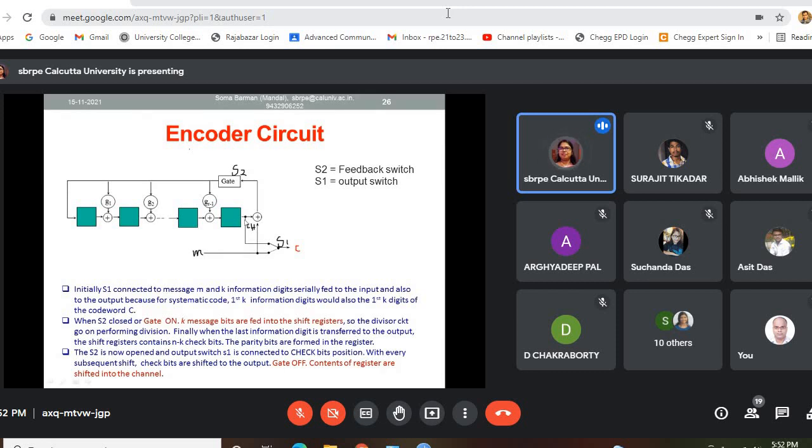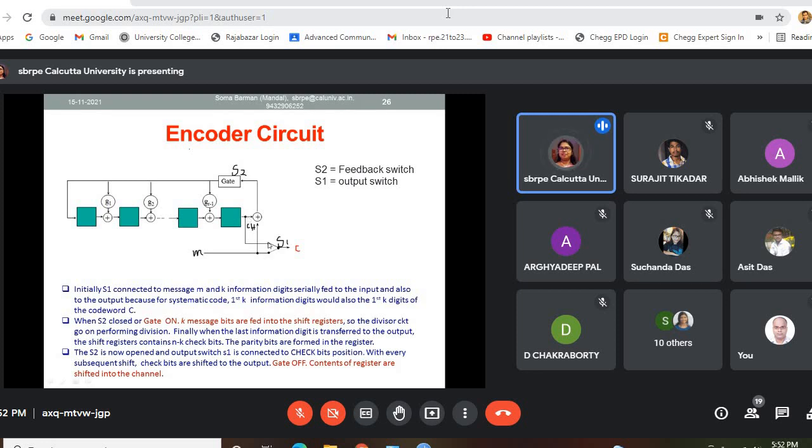Once all the bits have come out, switch S1 is connected to CH, this connection is opened, and gate S2 will be open, meaning your division operation is performed. So here the check bit is available.